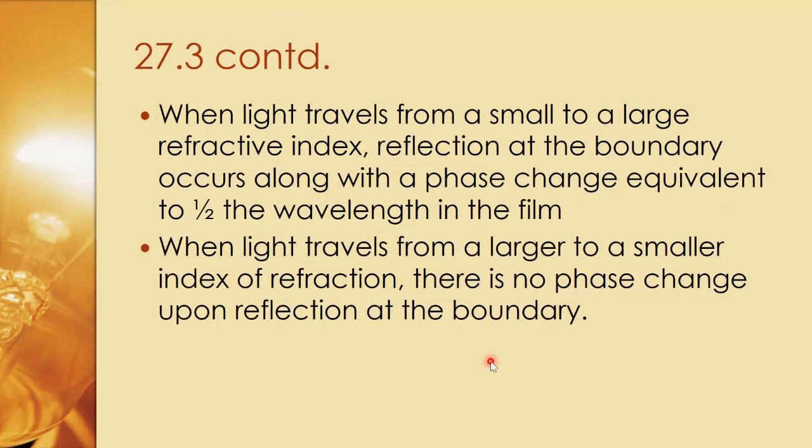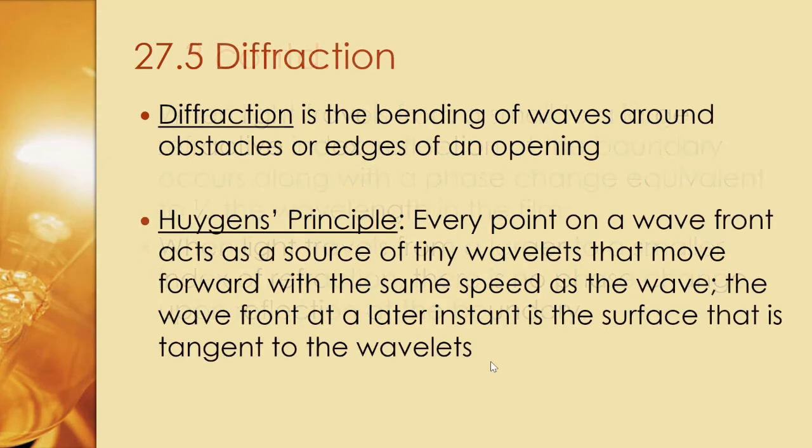When light travels from a small to a large refractive index, reflection at the boundary occurs along with a phase change equivalent to 1/2 the wavelength in the film. When light travels from a larger to a smaller index of refraction, there is no phase change upon reflection at the boundary.